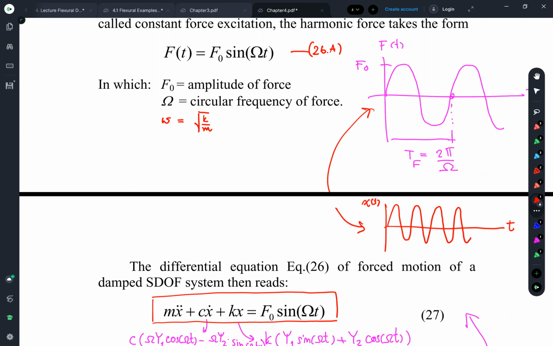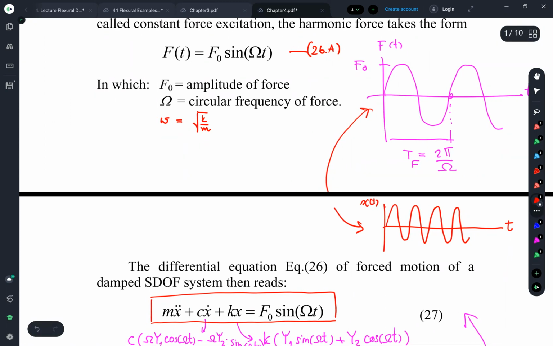The red color has a higher frequency than the pink, if I plot on the same time axis. So it seems impossible to make the left-hand side and the right-hand side of 27 equal.